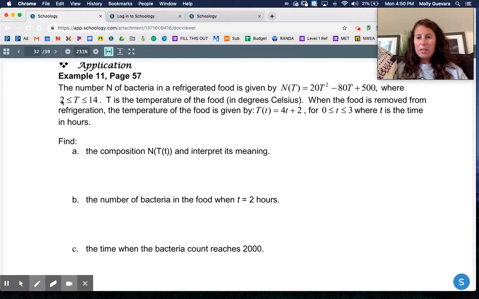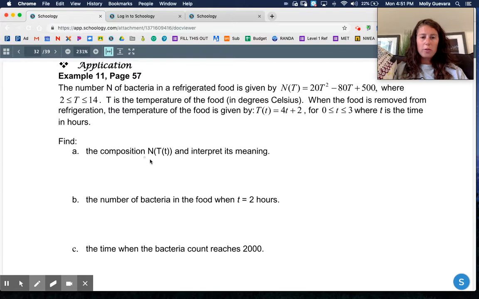So that means the lowest T can be is 2 degrees Celsius and the highest T can be is 14 degrees Celsius. When the food is moved from the refrigerator, the temperature of the food is given by T of t, right? So lowercase t is time in hours. So we're talking about what's the temperature of the food between 0 hours and 3 hours.